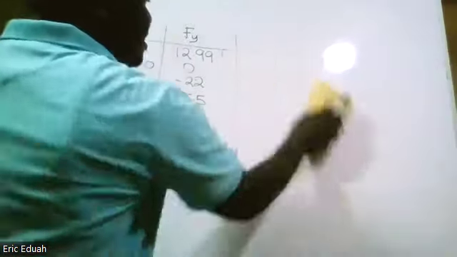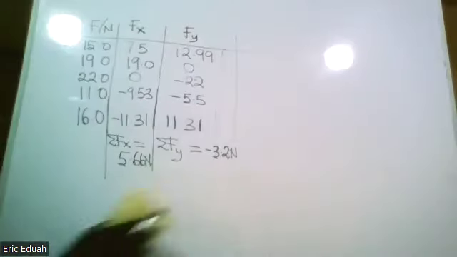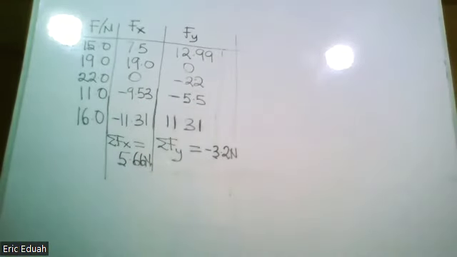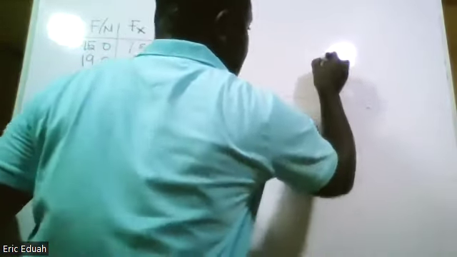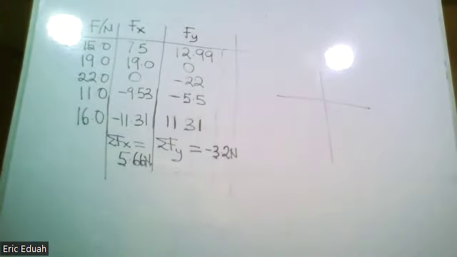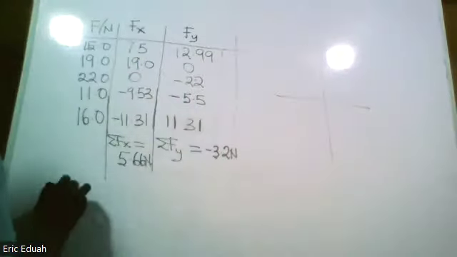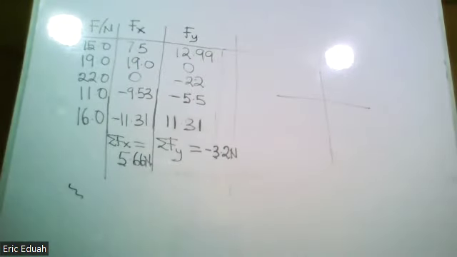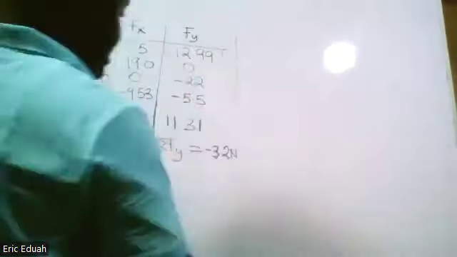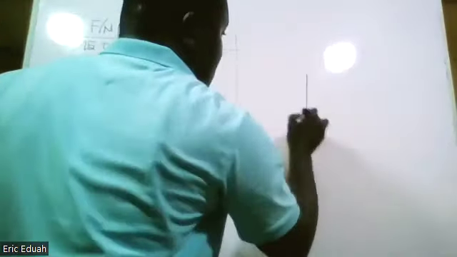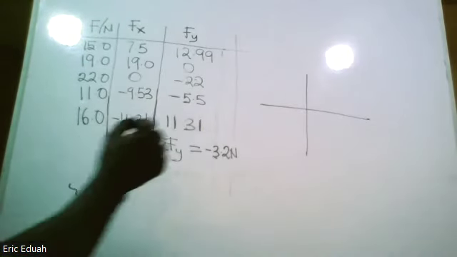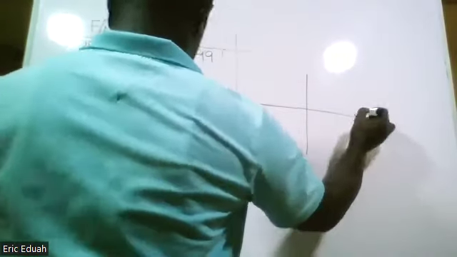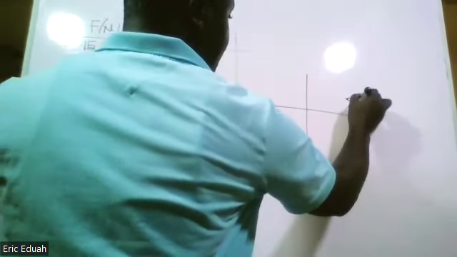So let's then draw your X and Y axis. Let me change the marker. Our X and Y axis. Now summation f of x is positive, so it is along the positive x.